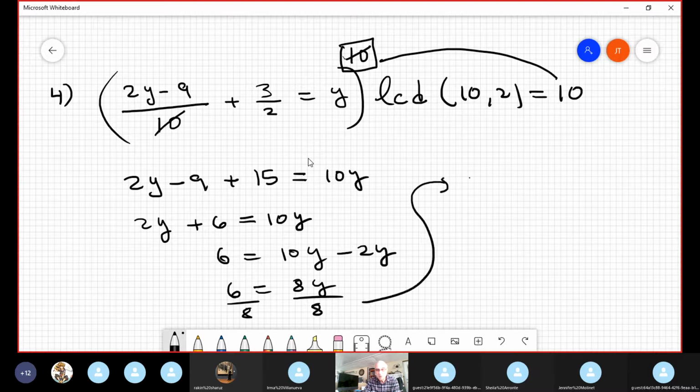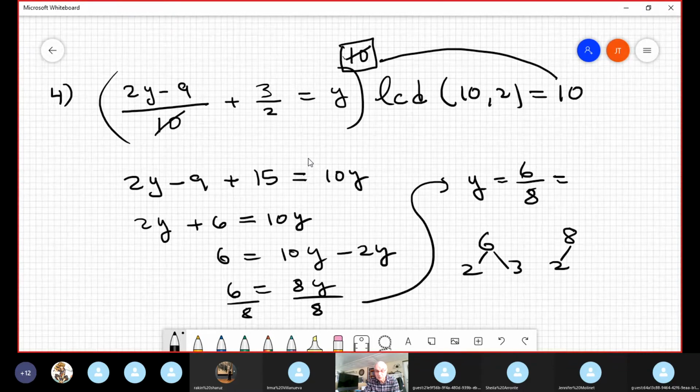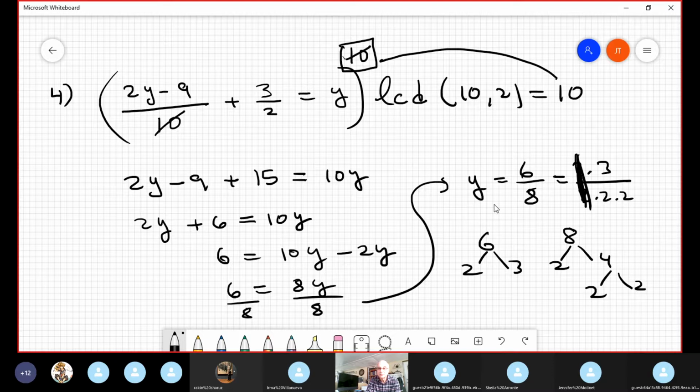We continue here, y equals 6 over 8, but much better to reduce it to lower terms, because 6 is 2 times 3, and 8 is 2 times 2 times 2, and you can see at least one 2 can cancel out.